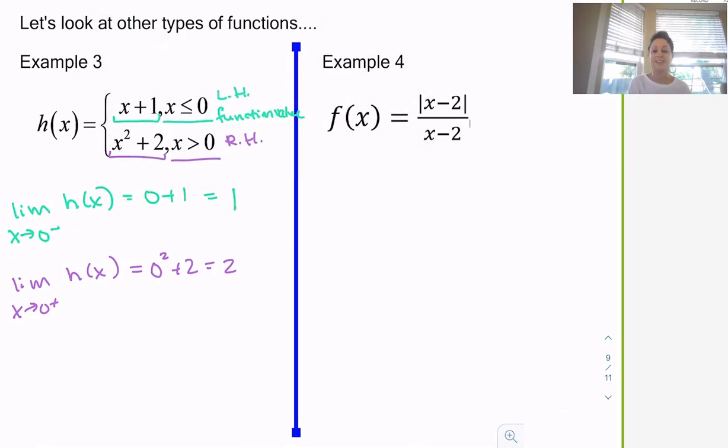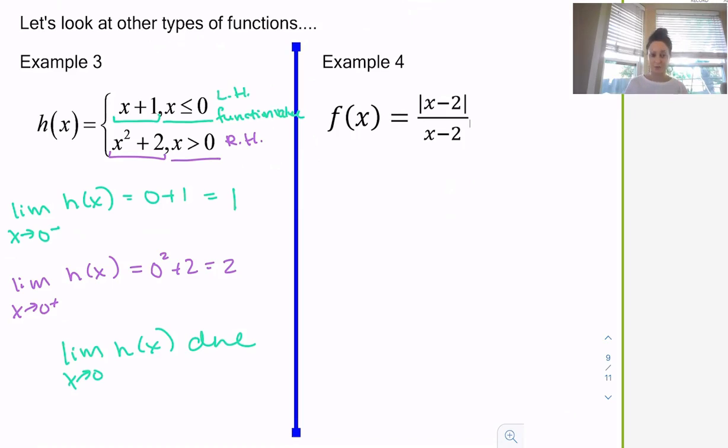So does the limit exist? The limit as x approaches 0 does not exist, since the left and the right hand limits are different, okay? Now, would this be a removable or non-removable discontinuity?